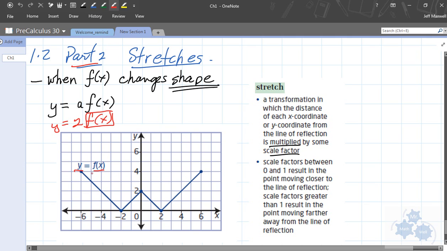So if we are putting a scalar, a number that we're multiplying f of x by, it's like we're multiplying that number by y. So that's when we alter the y values. If you have a 2 in front of f of x like this, we are changing the y values. So it's basically y values times 2. That's what this really means. It's the y values for all of the points on this graph times 2. That's what that literally means.